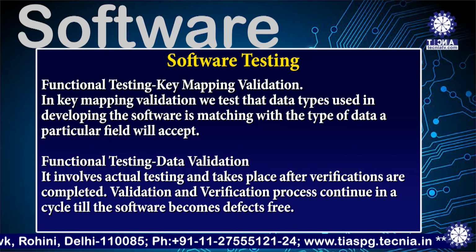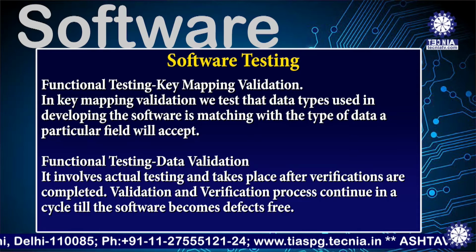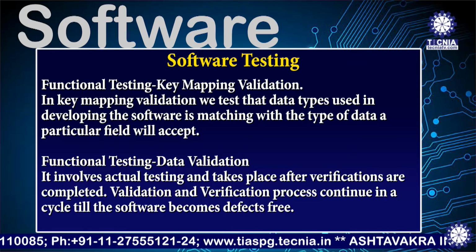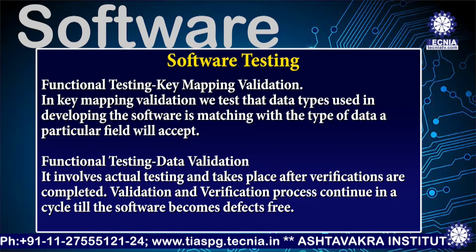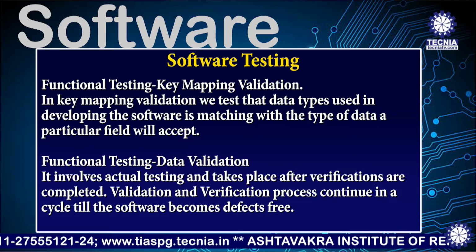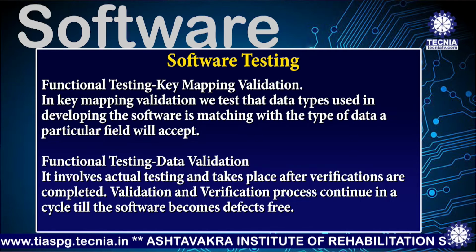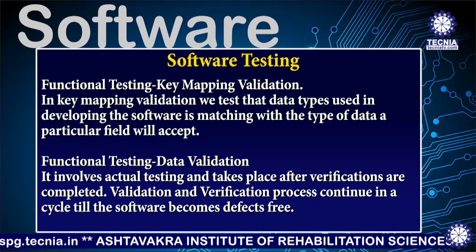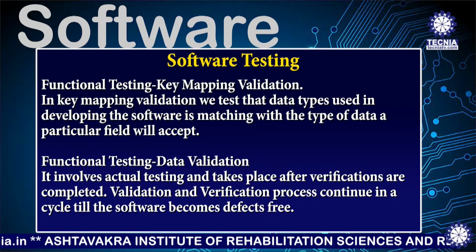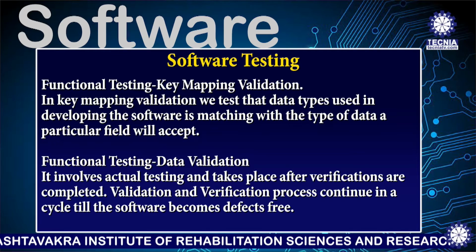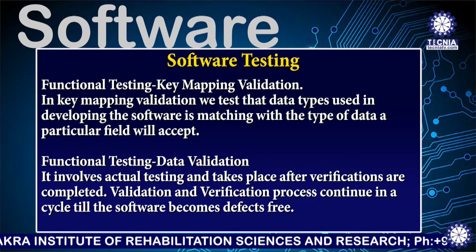And if our software is able to identify the credentials, and after identifying credentials, if our software is permitting users to use the resources, then we can say that the validation part is okay and working perfectly.